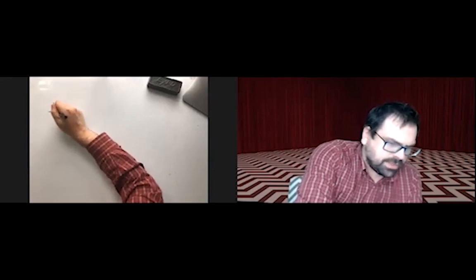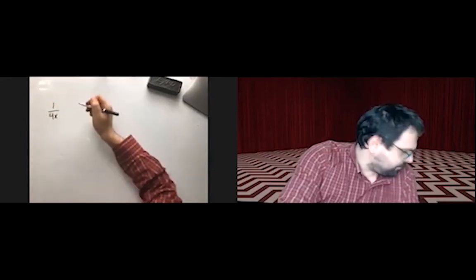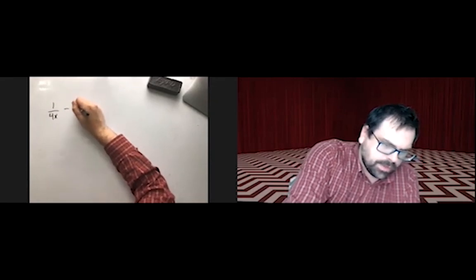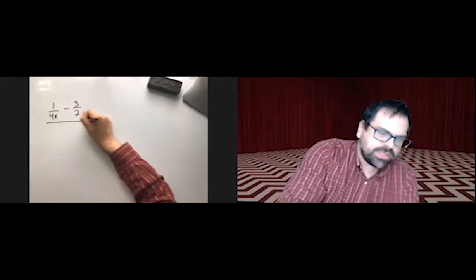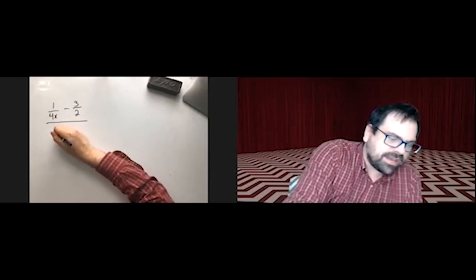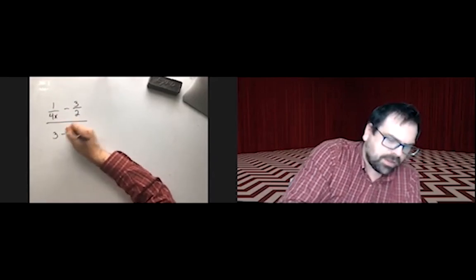An example of a complex fraction would be this fraction that has fractions inside of it. That's what we mean by complex fraction.